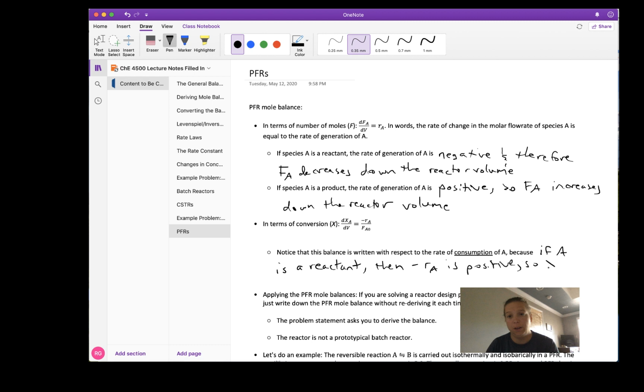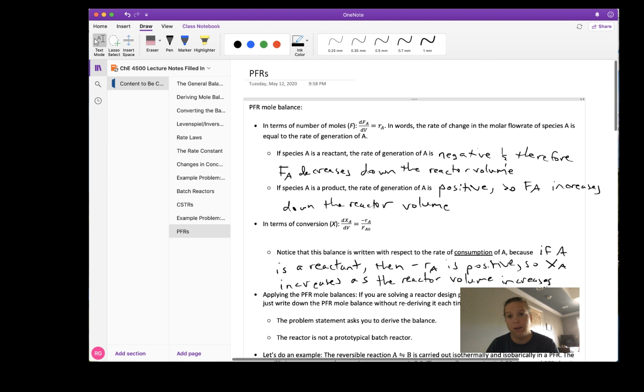So the conversion of A, XA, increases as the reactor volume increases. So again, it's always proper accounting for your different variables. Your flow rate of A, if A is a reactant, is going to decrease, but your conversion of A, the more A that's reacted, is going to increase.